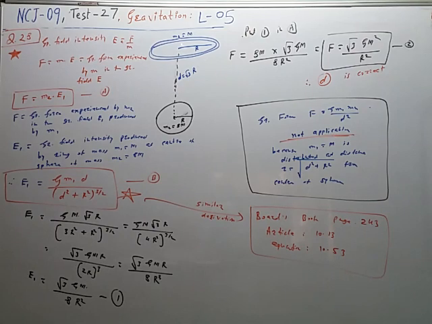Why not applicable? Because the mass m1 is not concentrated at one point, but is distributed all over the body. Therefore we have to find the gravitational force using the formula: mass multiplied by gravitational field intensity. This is the force experienced by m2, and the intensity is produced by the ring.